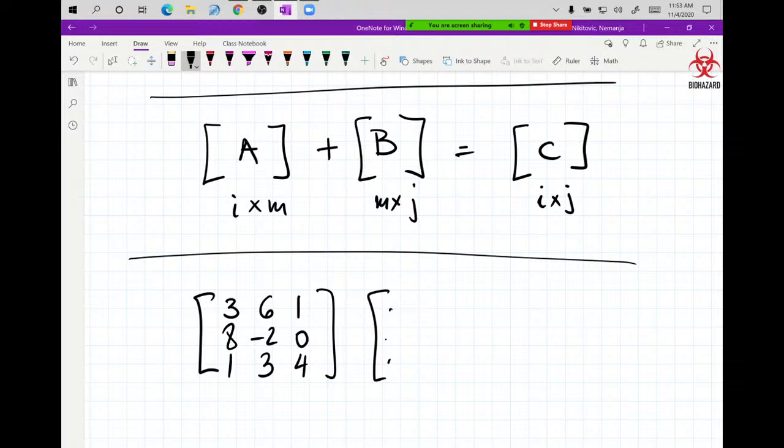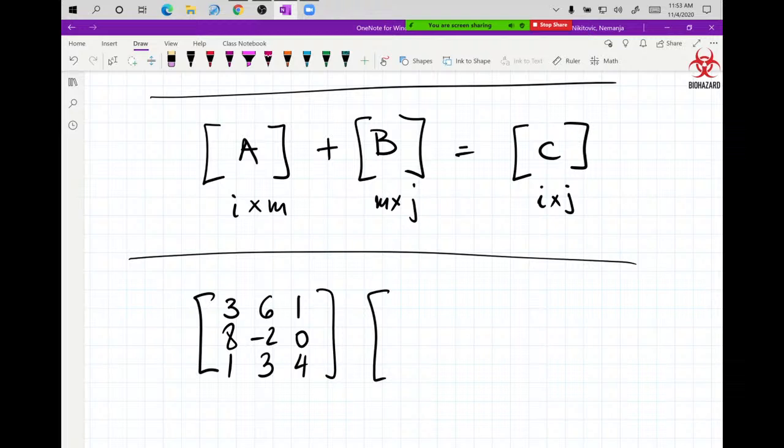I must have 3 rows in order for this multiplication to be possible. So we can have a column vector. We can just say x1, x2, x3, which is what we are going to do later in this lecture. But now I'm just going to work with numbers so we can get comfortable with the basic multiplication.